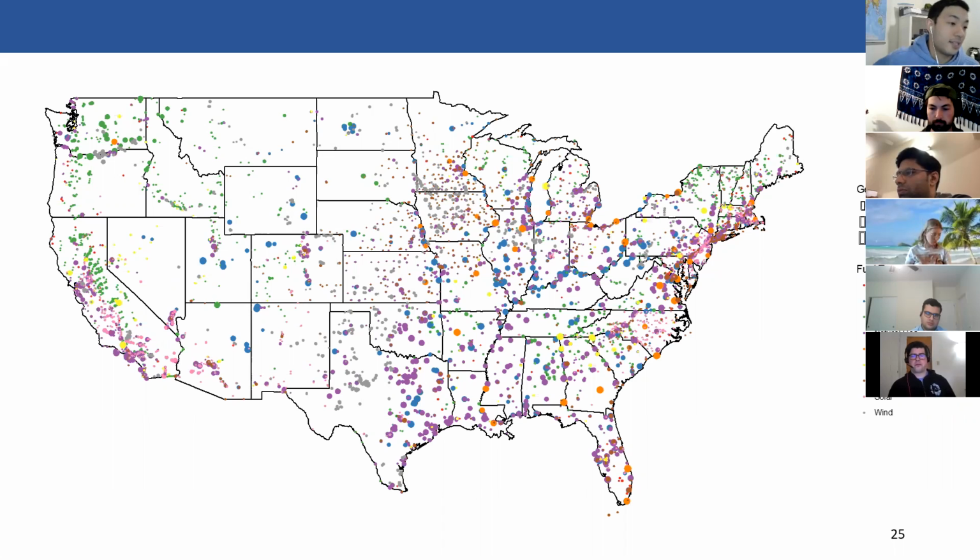And in this case, the point of the game that we would have played is basically to figure out a strategy in which to maximize your revenues as a power producer.